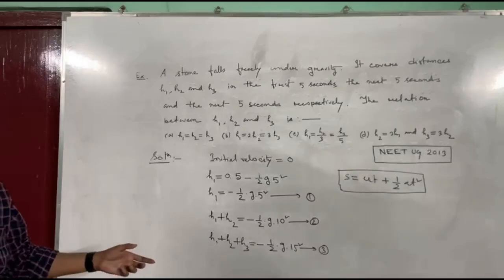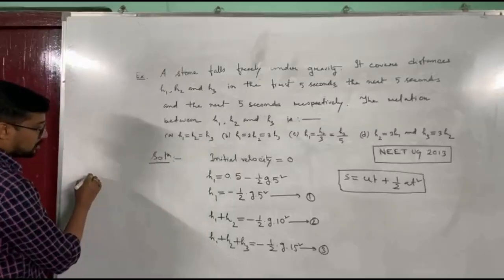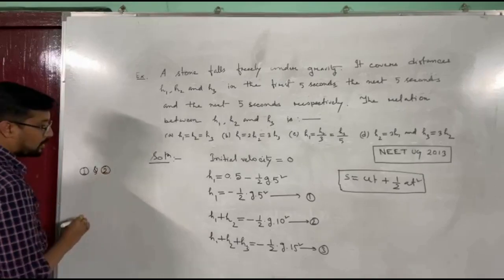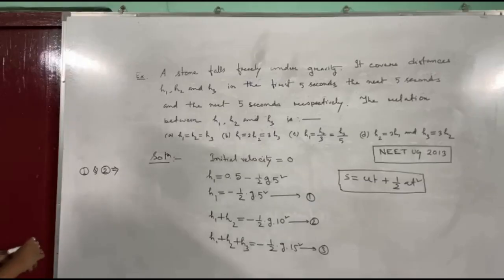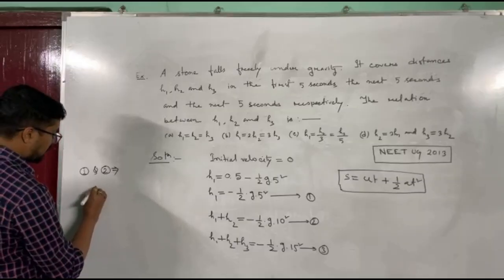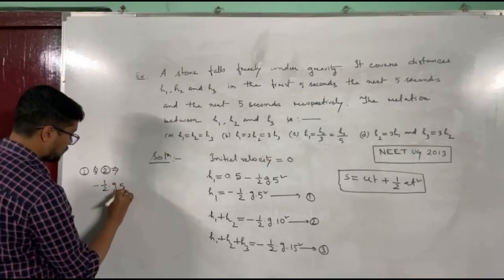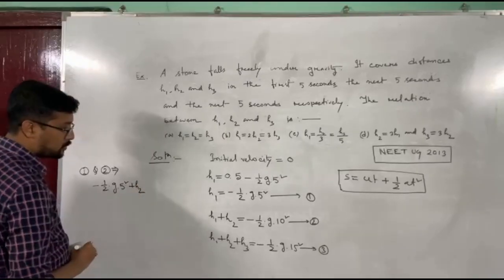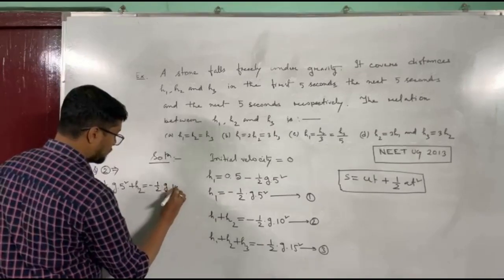So now from equation 1 and 2 we can write, because h1 is this much, minus half g 5 square plus h2 is equal to minus half g 10 square.